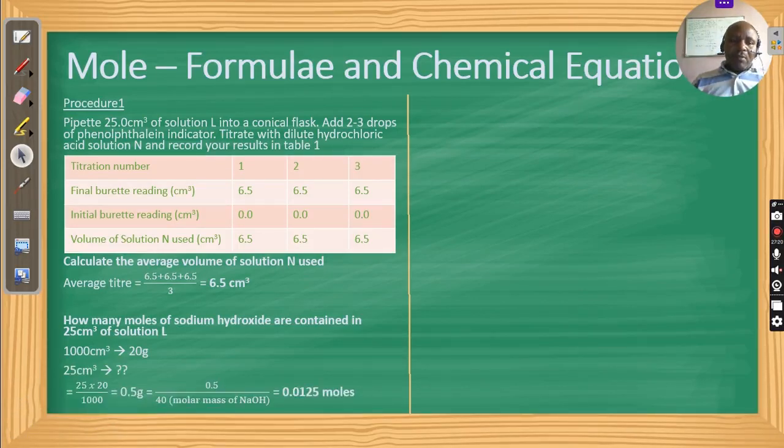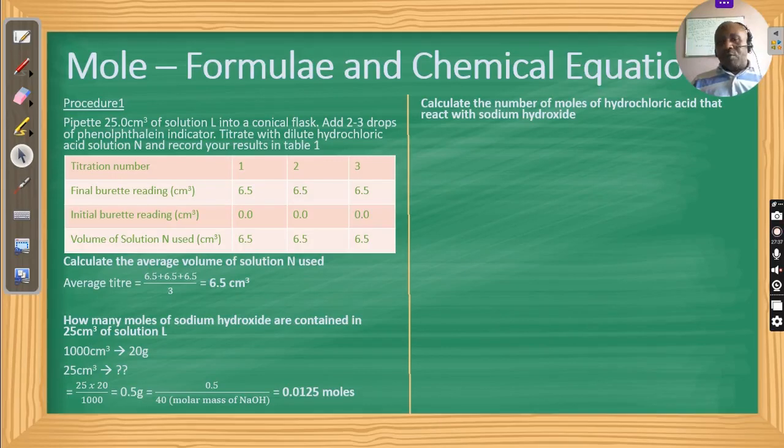Once you do your cross multiplication, you get 0.5 grams. Now with that, you can convert that to moles by dividing by the molar mass of sodium hydroxide, which is 40. So you get that the moles are 0.0125.